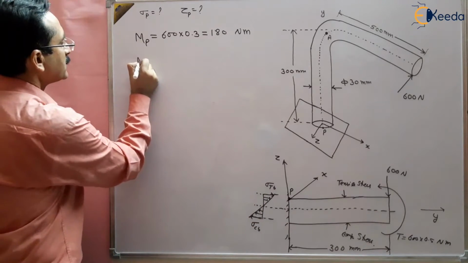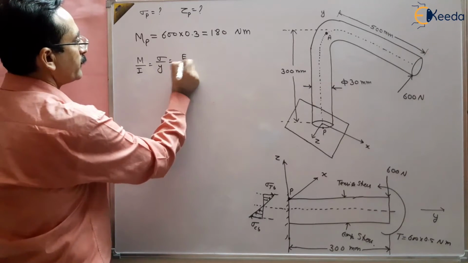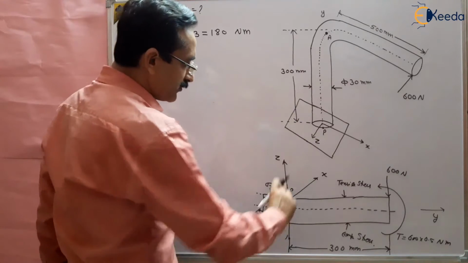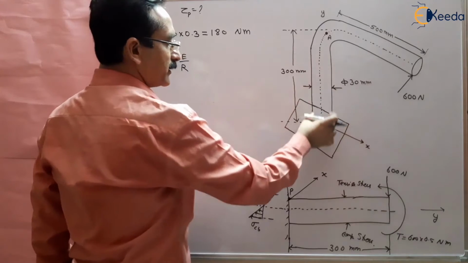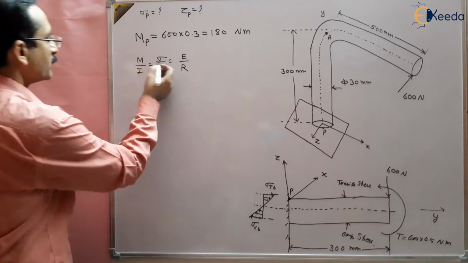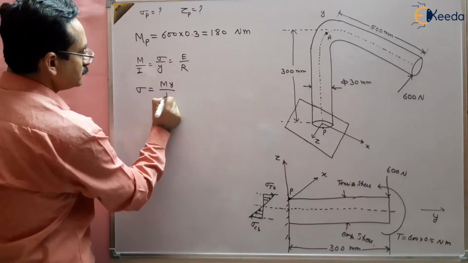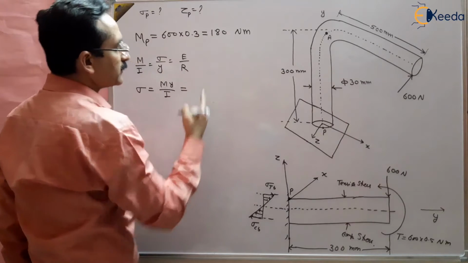So we can find out this by the bending equation. What is the bending equation? That is M by I equal to sigma by Y equal to E by R. And we want to find out at point P, which is at the outermost fiber. So Y will be the radius of that shaft, right? So sigma can be found out using My by I. M is known to us, that is 180.